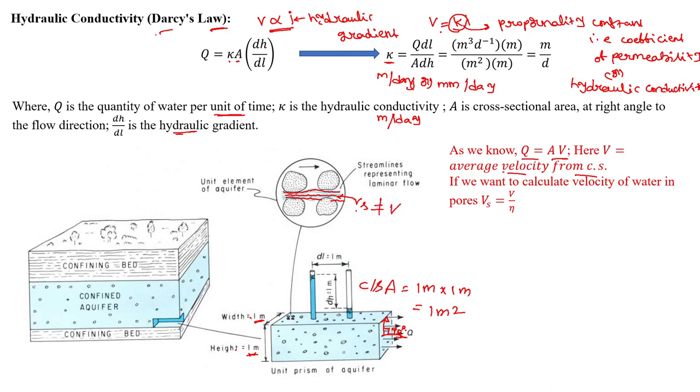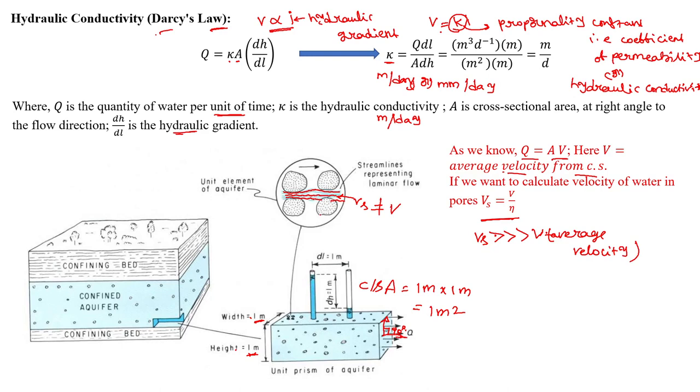Now suppose one wants to estimate the velocity inside the pores. This is the relation to be used, and this Vs will be much higher compared to V, because V is the average velocity over a big cross-sectional area, while this is the velocity in between the pores.